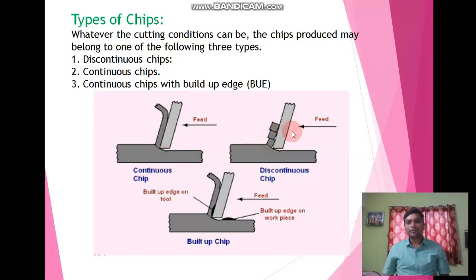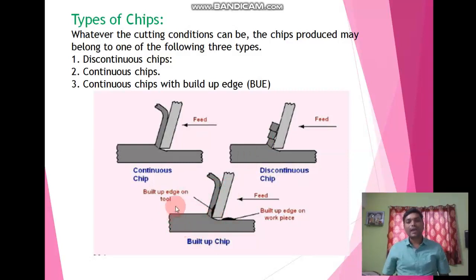The second diagram represents discontinuous chips. Here the workpiece is made up of brittle material. When we apply force over the brittle material with the help of the tool, we get discontinuous chips. The third diagram represents continuous chips with built-up edge.